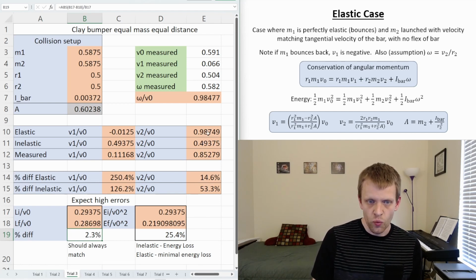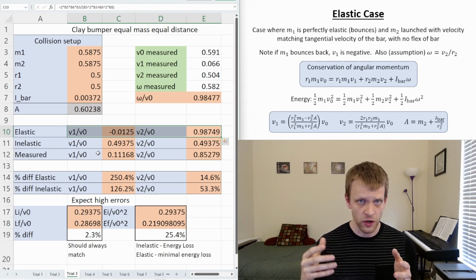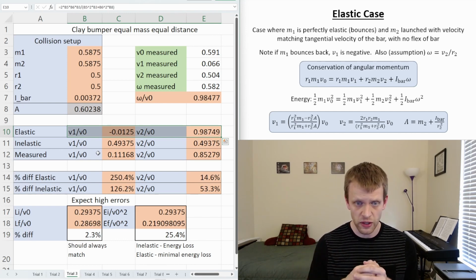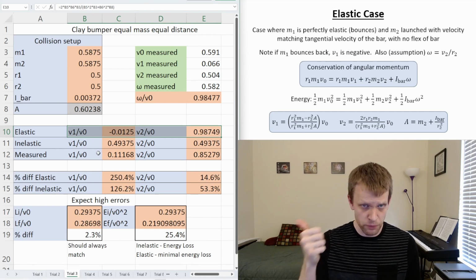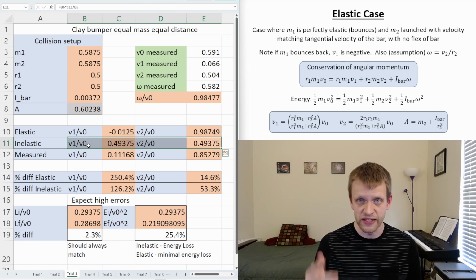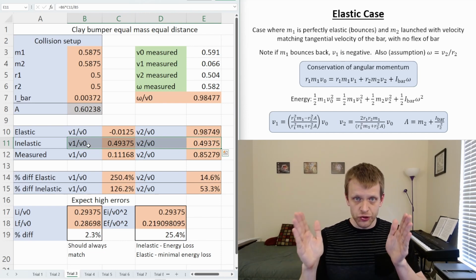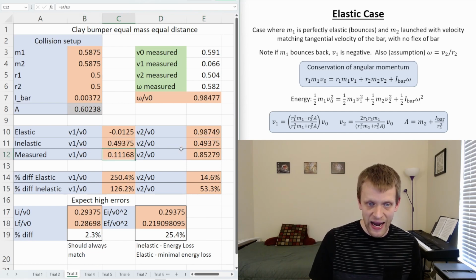One thing that we're going to want to check is that in all of these cases, we have our prediction for the ratios of velocities of cart 1 and cart 2 compared to the original velocity in the elastic case, the perfectly elastic case, and the perfectly inelastic case. Those give us a range where we expect our actual data to fit.